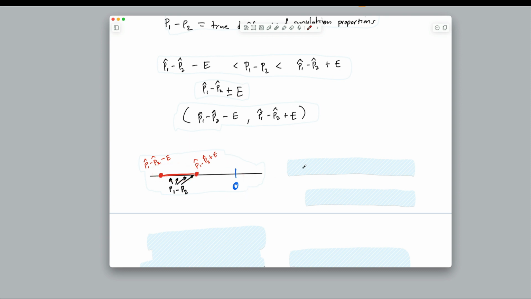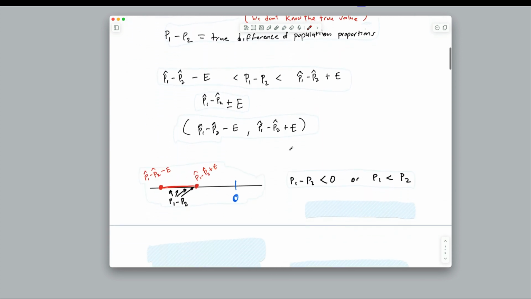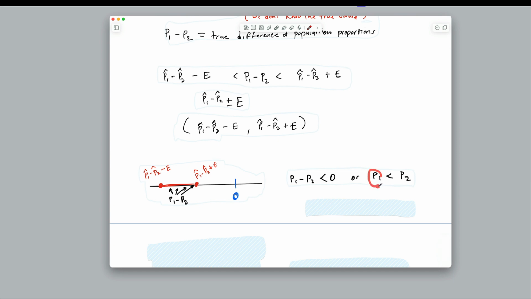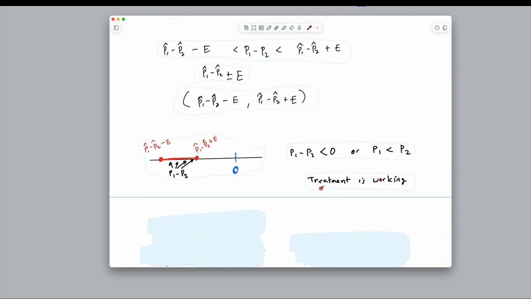We can state with certainty that P1 minus P2 is less than 0, which means that P1 is less than P2. P1 is the proportion of people sick after taking the treatment. This is good news because it says the treatment group has fewer sick people than the control group. We would expect the control group to be about the same as when we initially started. So P1 is less than P2, which means the treatment is working.